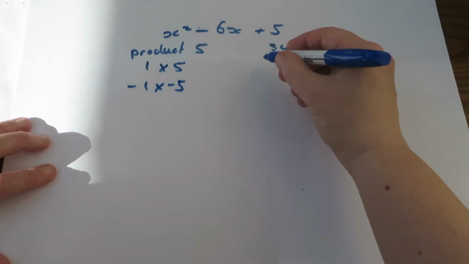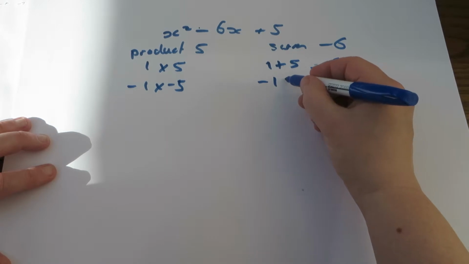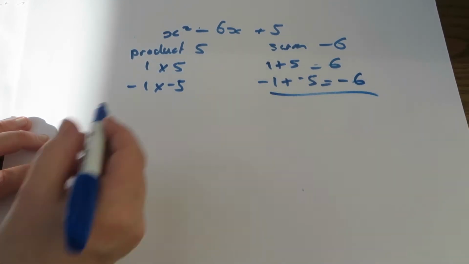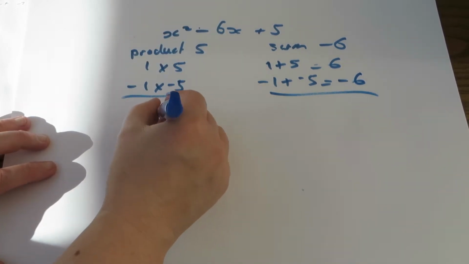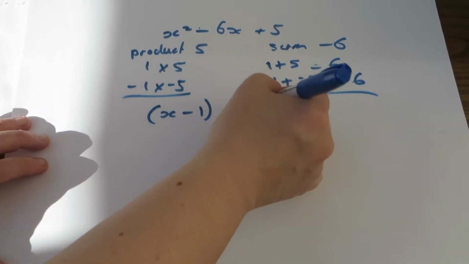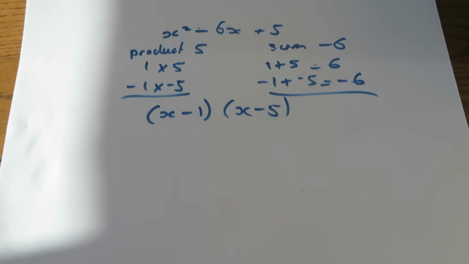And the sum of 1 plus 5 is 6, minus 1 plus minus 5 is minus 6. So this is the pair of numbers we're looking for here. So when we factorise this, that will give us x minus 1, x minus 5. And that's how you would factorise that particular quadratic expression.